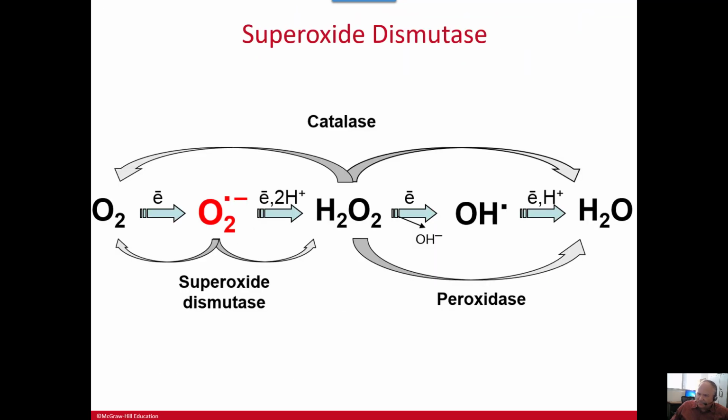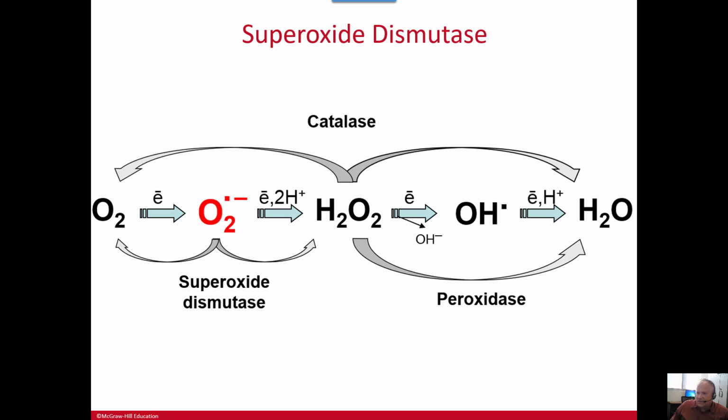So you can see the chemical reaction, the O2, the oxygen radical being handled by superoxide dismutase into hydrogen peroxide, and then catalase overall converts that into just water.